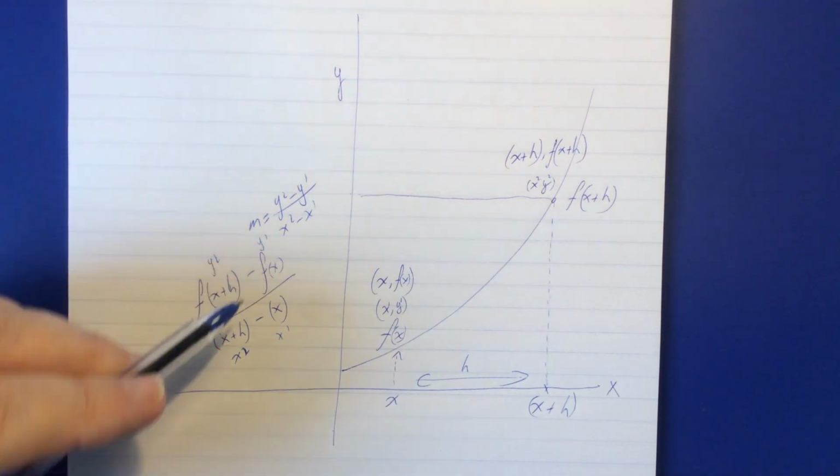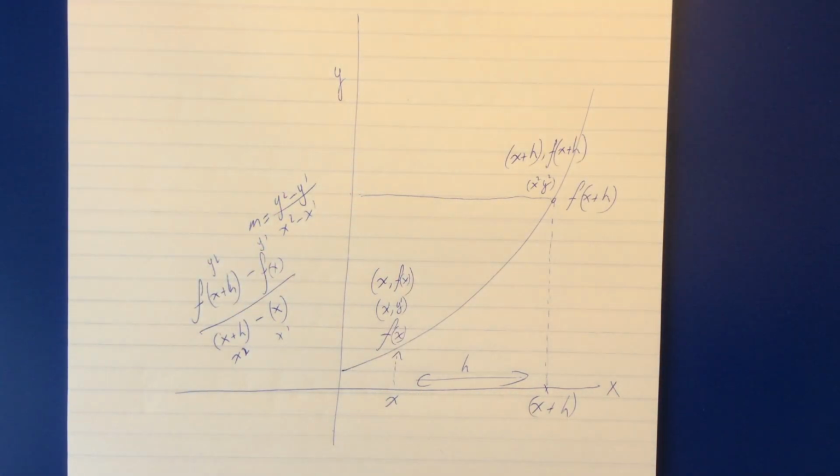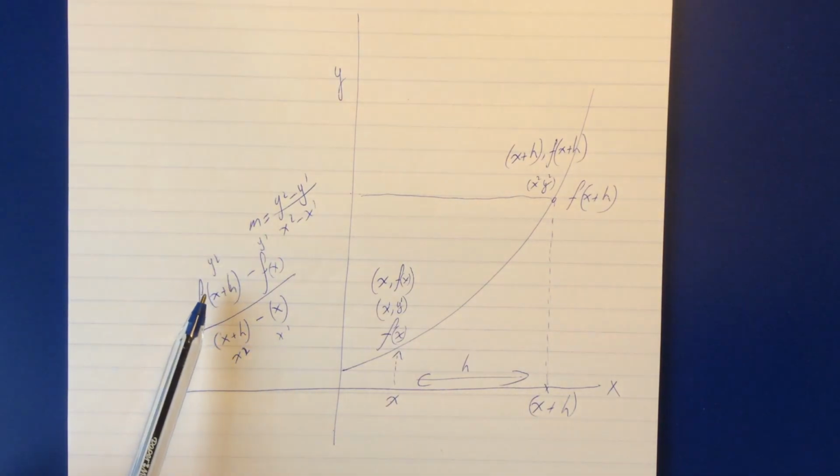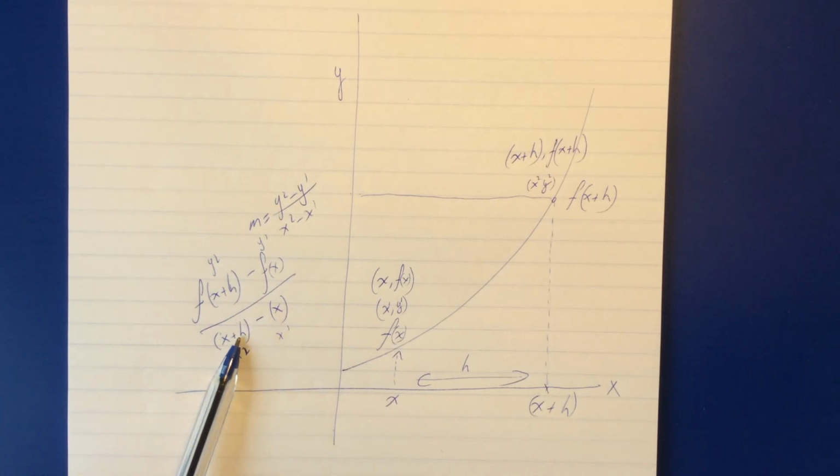So basically what has happened is we've just substituted a notation in a standard gradient formula for the y values and the x values.